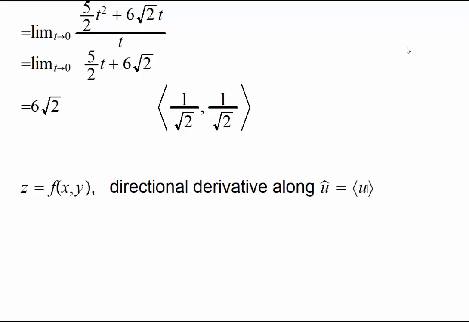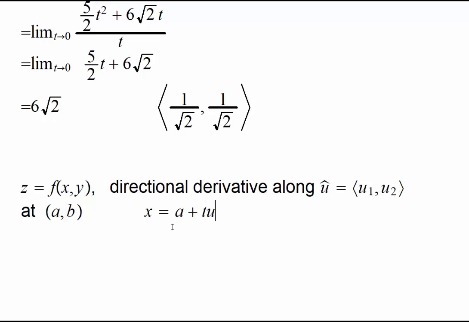So what happens now, and we are computing it at any point, say (a, b)? x will become a plus t u1, and y is going to become b plus t u2.